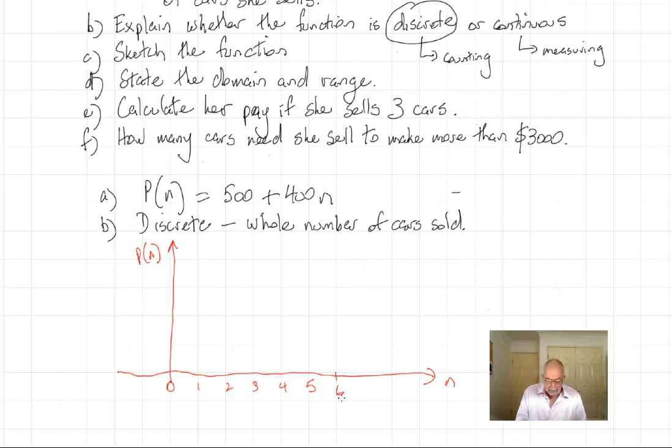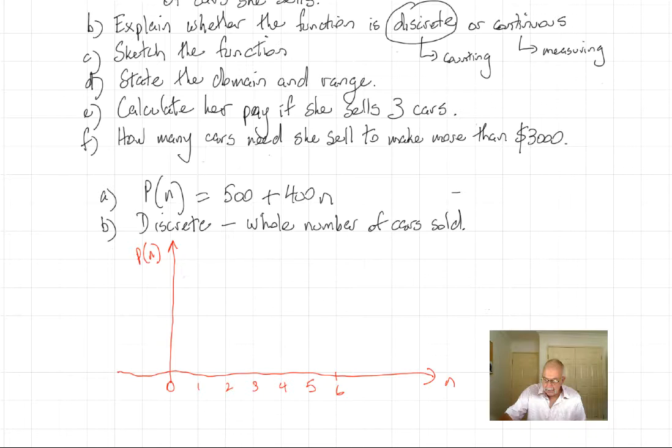So if we just do it, say, for the first 6, just to get an idea of what it looks like, we put 6 in there for n: 24 plus 5 will be $2,900.